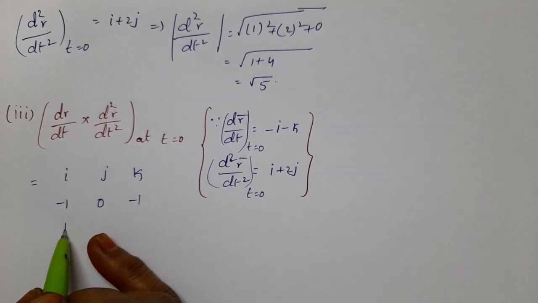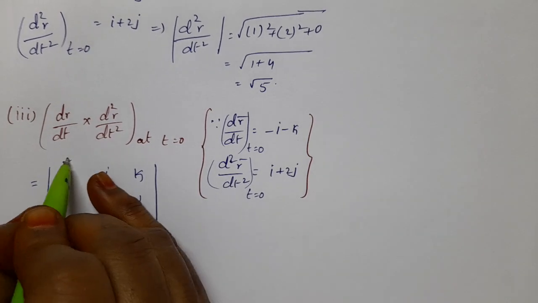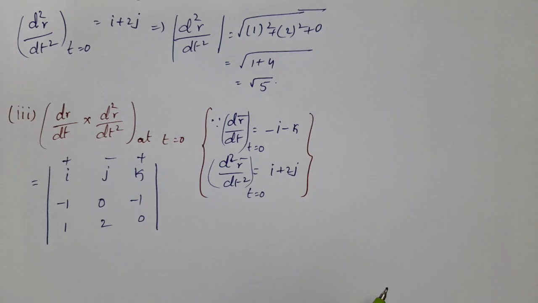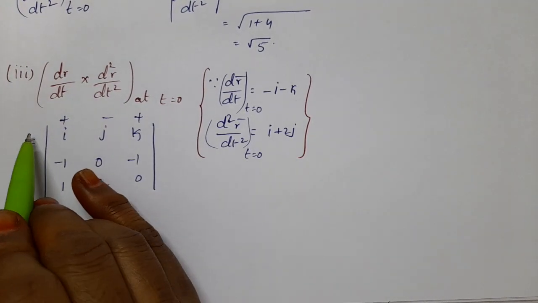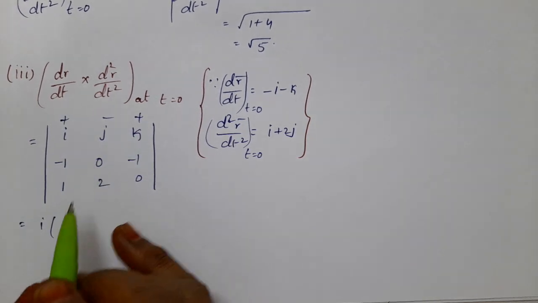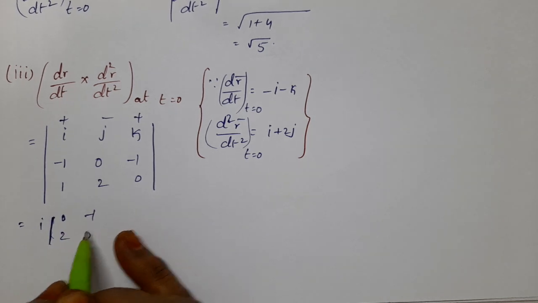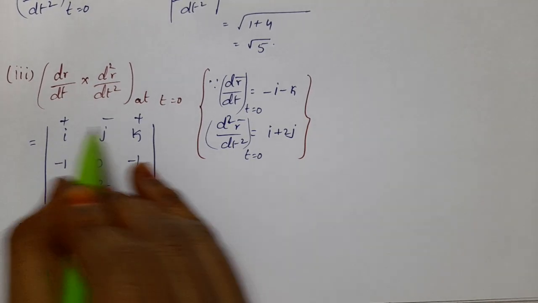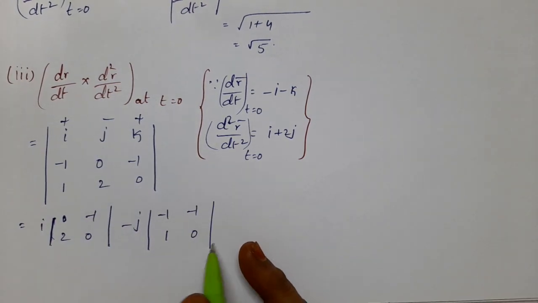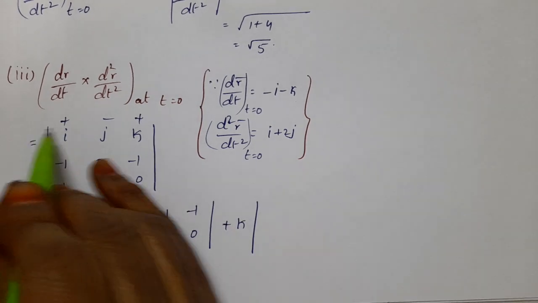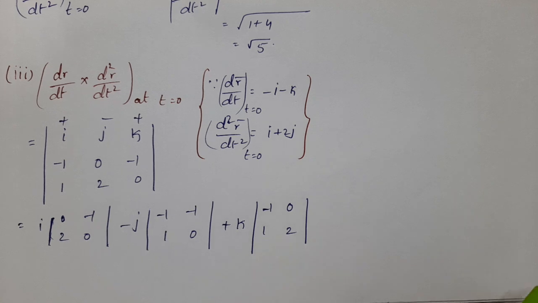Next the second vector: 1, 2, coefficient of k is 0. Plus minus plus. Delete the first row and first column: 0 minus 1 2 0, minus j. Delete the first row and second column: minus 1 1 0, plus k. Delete the first row and third column: minus 1 0 1 2, like this.